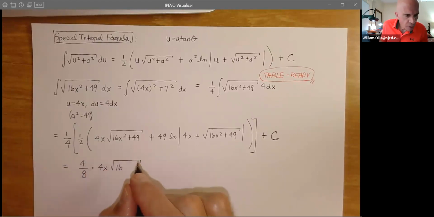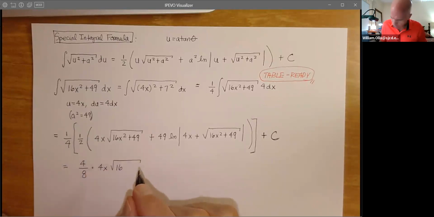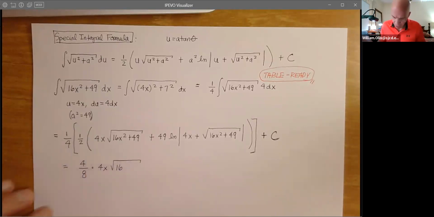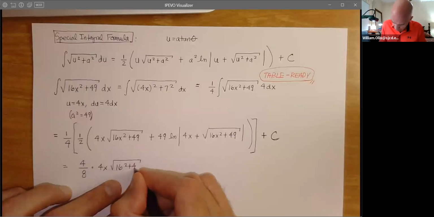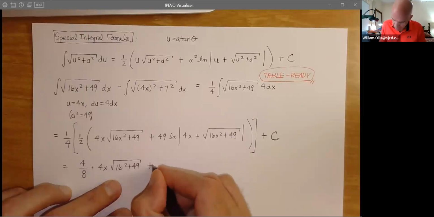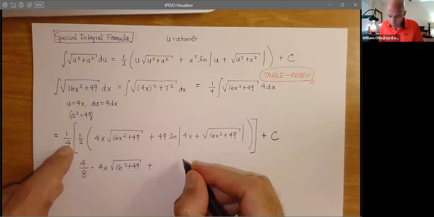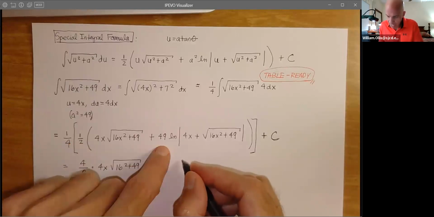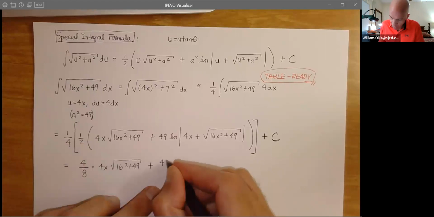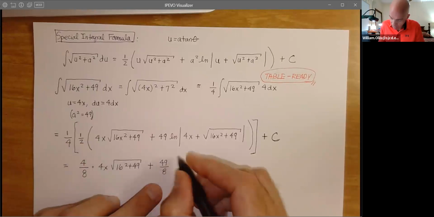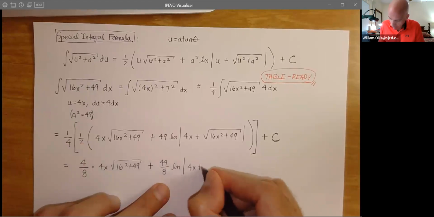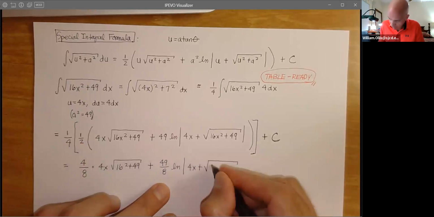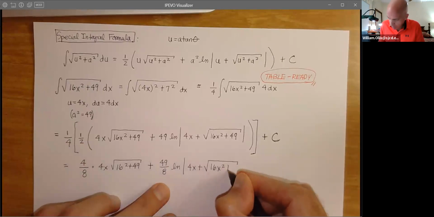Plus, now we have the 1/2 times the 1/4, which is 1/8, times the 49. So this is 49 over 8, ln, plus the 49.